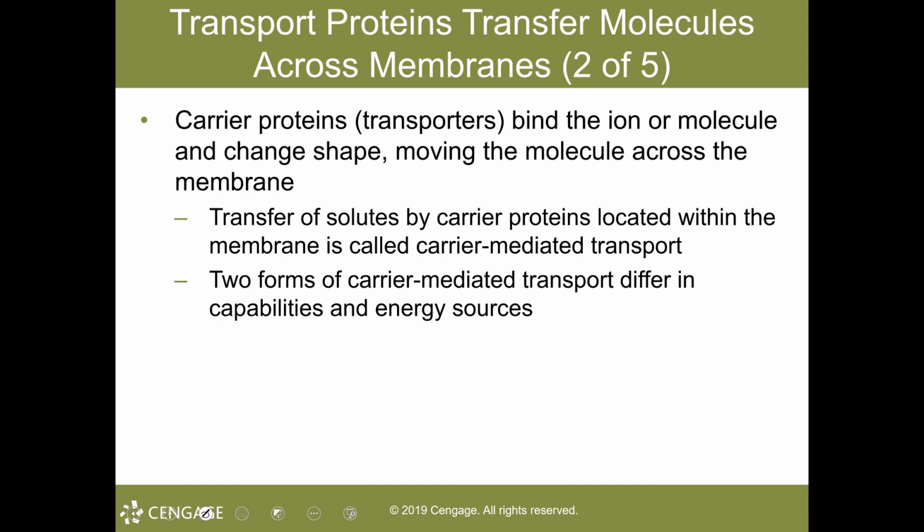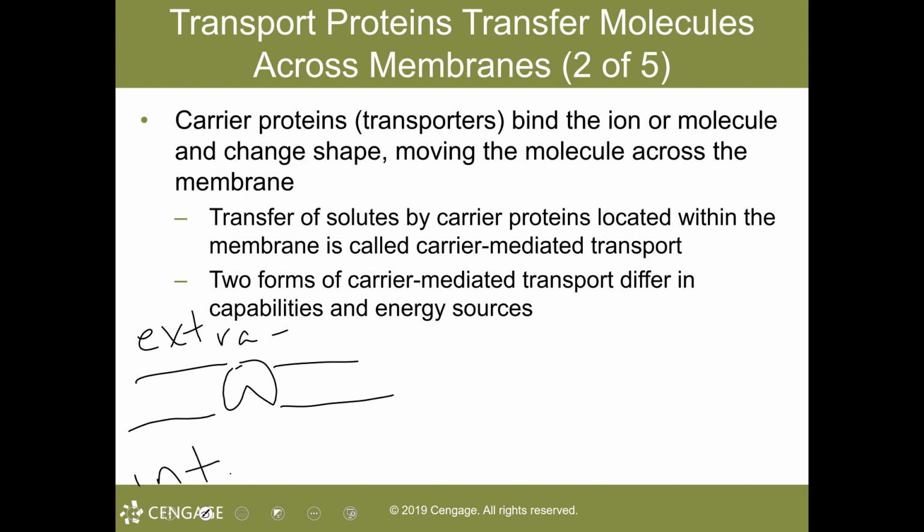Next up, just keep in mind that if this is that cell membrane, I'll draw a protein that looks sort of like this. And this being extracellular, this being intracellular. What would happen is that the molecule to be transported would bind to that carrier protein.